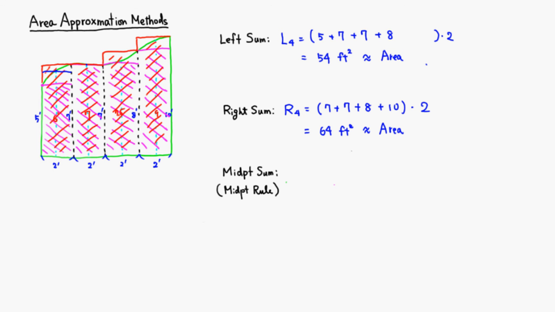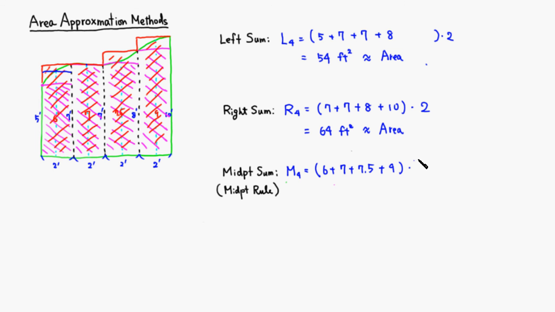This is the midpoint sum, or midpoint rule, as some books call it. The first one, height is going to be 6. Second one, height is 7. Third one, height is 7.5. And the last one, height is 9.